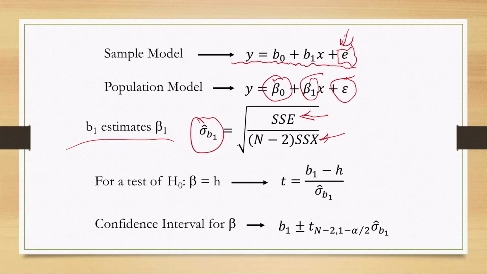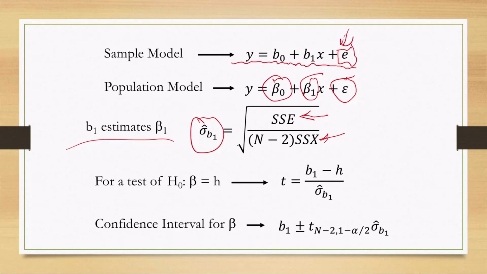We're just going to use it in this formula, but you know what that would be. The sum of squares of the explanatory variable would be if we took each value of the explanatory variable, minus its mean, squared all those deviations from the mean and added them up. So both of those sums of squares are involved in this equation.